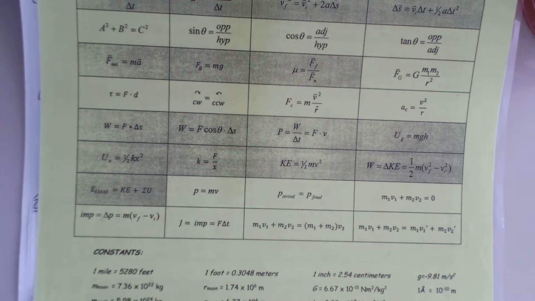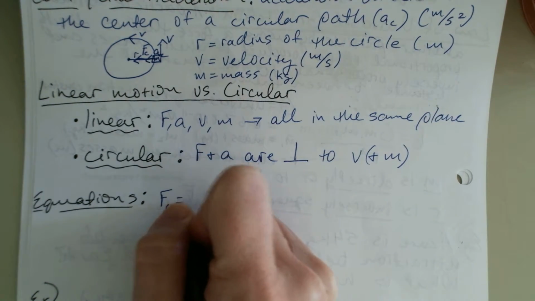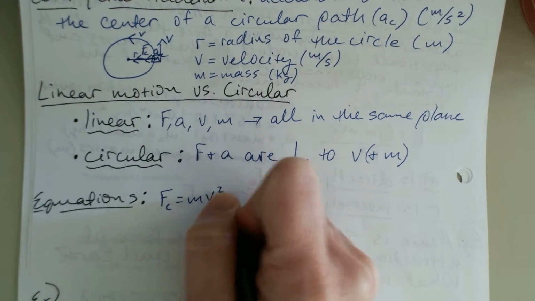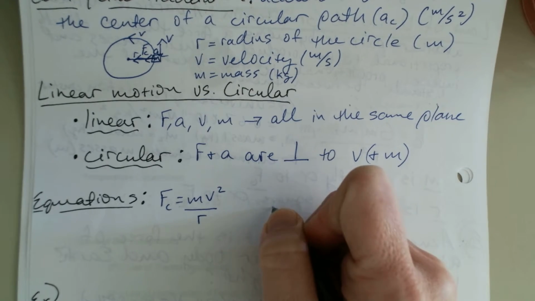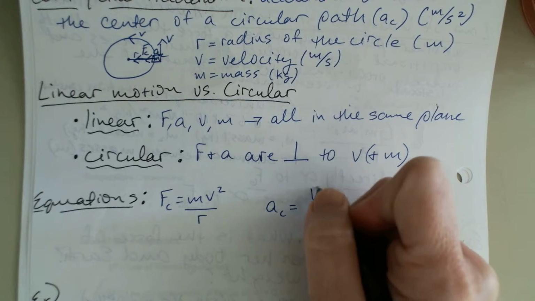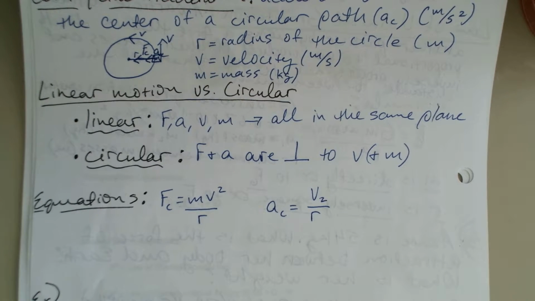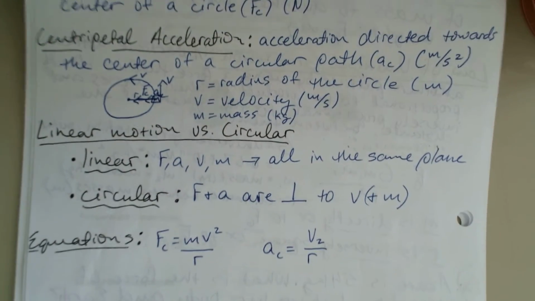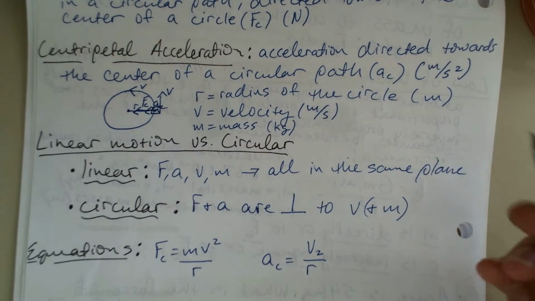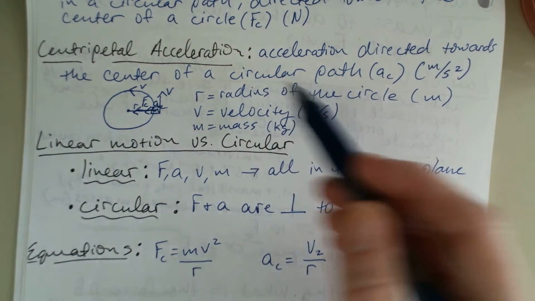So those are the equations. They're on your formula sheet. And we've defined all the variables and their units up at the top for centripetal force and acceleration and all of these parts in the circle.